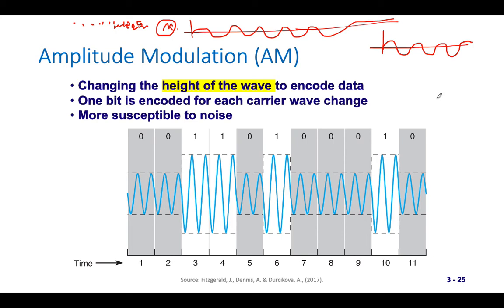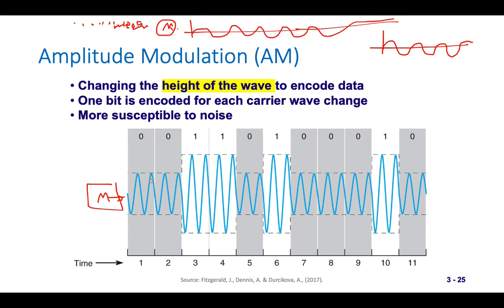What you need to do exactly, when you have AM, or amplitude modulation, this is the original signal. As you can see here, this is the original signal. For example, imagine this is the modem, and this is the original signal which came out of the modem. Or this is the carrier, let's say.